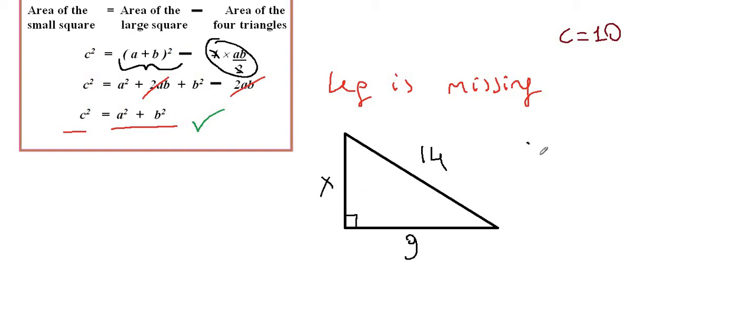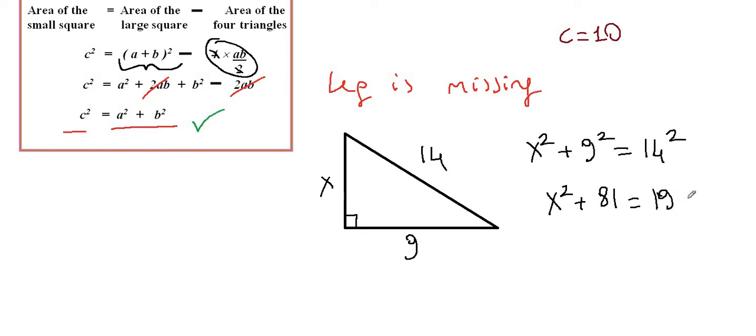So the squares of the legs added will be equal to the square of the hypotenuse. So first we construct the equation, then we take the squares of the numbers. 9 squared is 81, and 14 squared is 196.